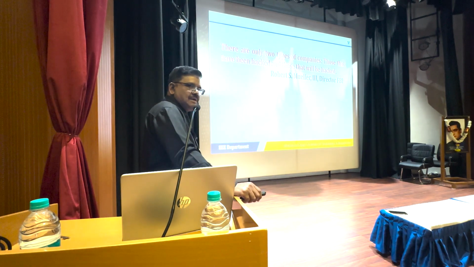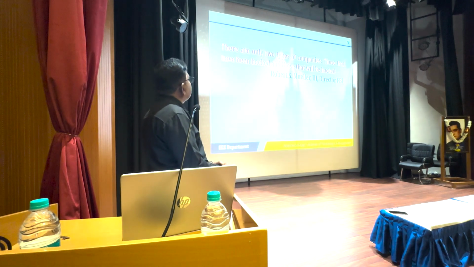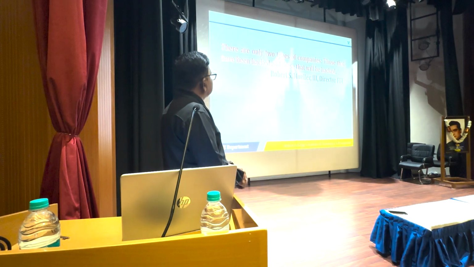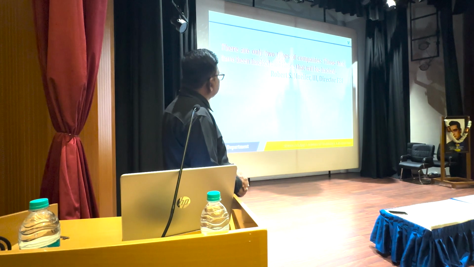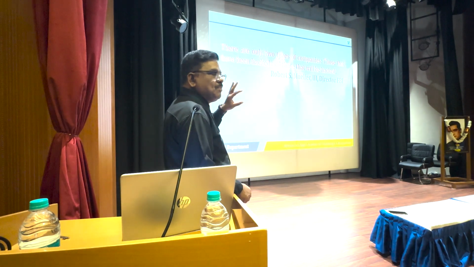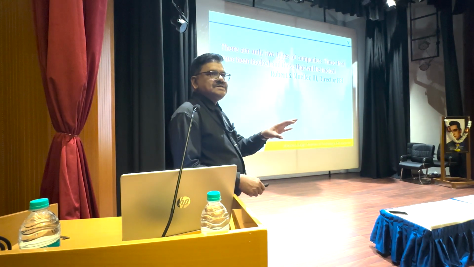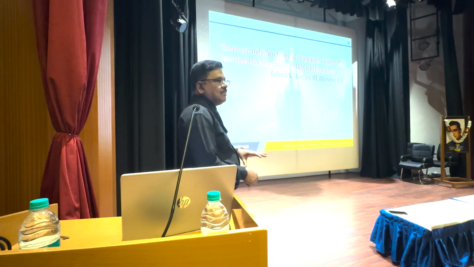Now you can see here, Robert Mueller. He stated there are only two types of companies, those that have been hacked and those that will be hacked. He has stated this quote, but this has become old. By the time the entire world is digitized, this has become old now.